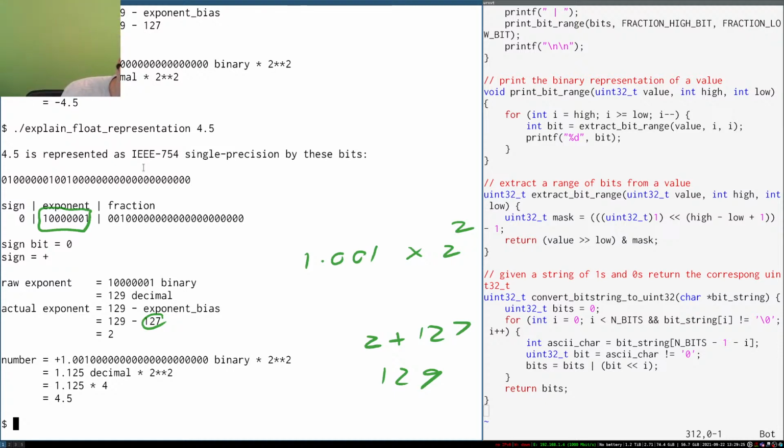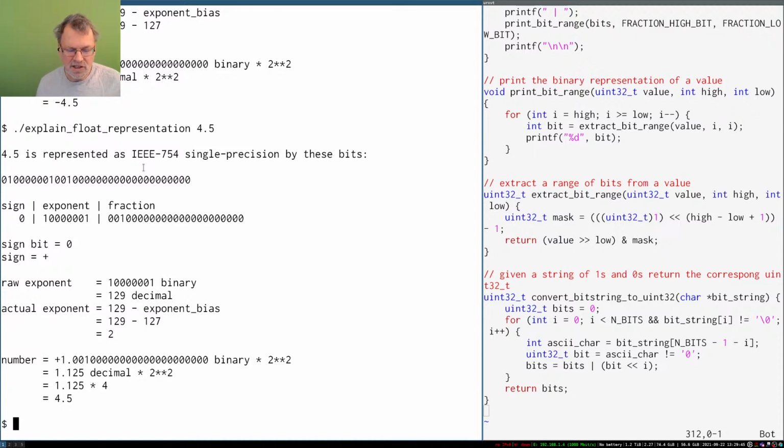So my program here is unraveling it. It looks at the exponent, says, oh, that's 129. IEEE 754 single precision says exponent bias of 127. So I subtract that, and that's the real exponent. Similarly, let's go through the steps of this being unraveled. I see this bit pattern. How do I unravel it? I look at the first bit, that's a 0, it's a positive number.